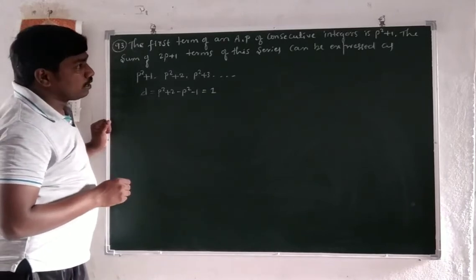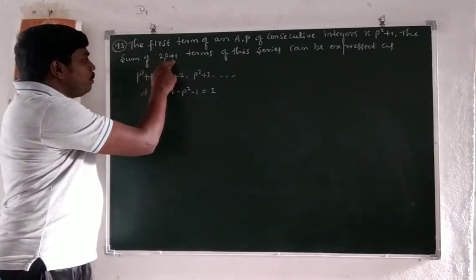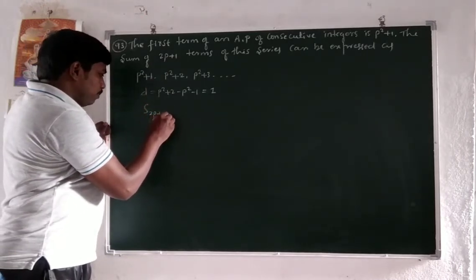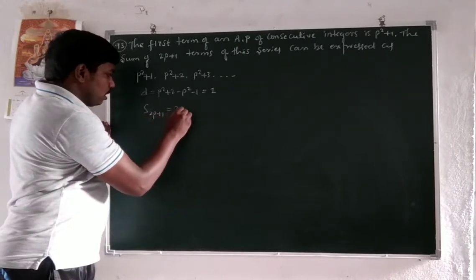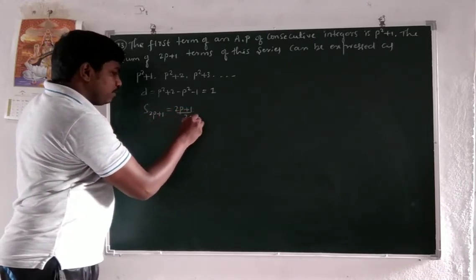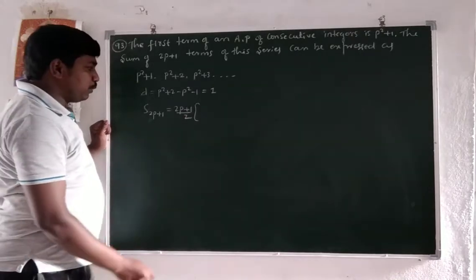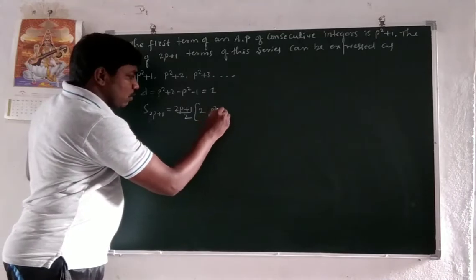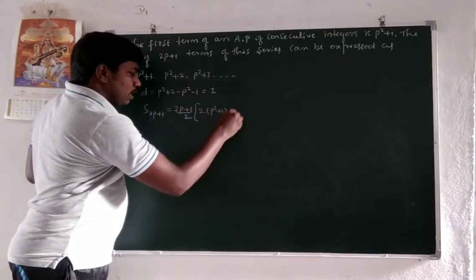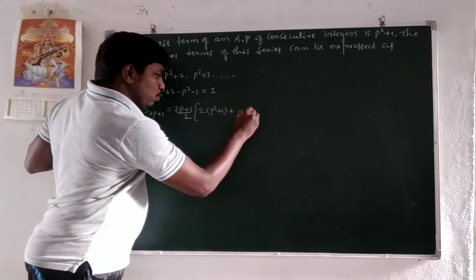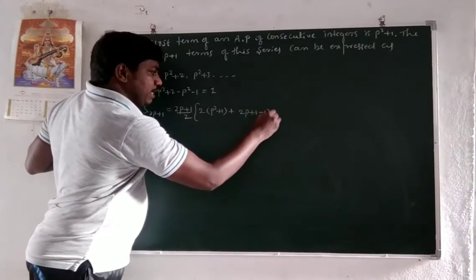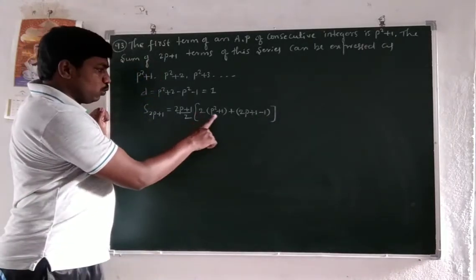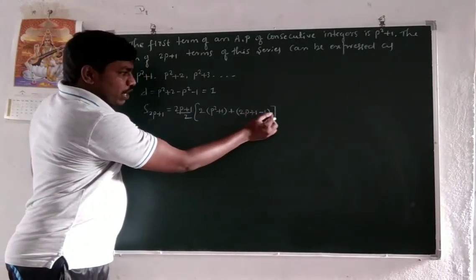Next, the sum of 2p plus 1 terms. n is 2p plus 1, so 2p plus 1 divided by 2 into 2 times a. What is a? p square plus 1, into plus 2p plus 1 minus 1 into common difference 1. It is 2a plus n minus 1 into d.